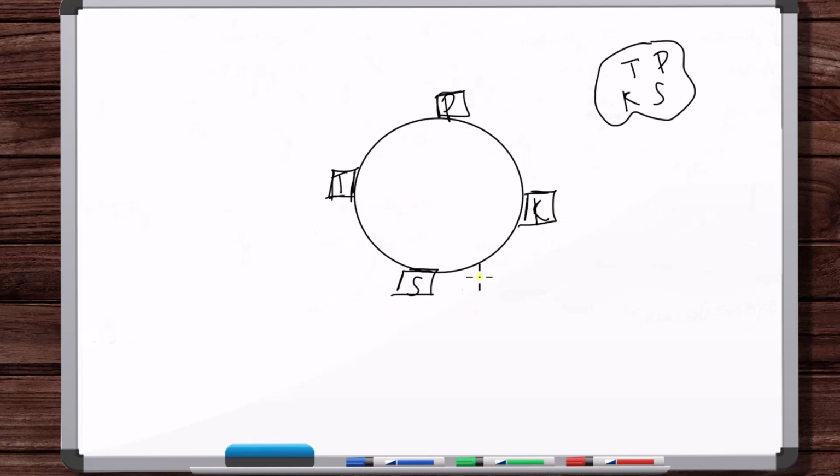So that's one arrangement, but we don't want to count if all we do is just rotate everybody. Well, that's the same arrangement. It's just a matter of perspective and how you're looking at the table. So we don't want to count this, right? All we do is just rotate everybody over once. That's the same arrangement. So to fix this, we want to use the division rule.